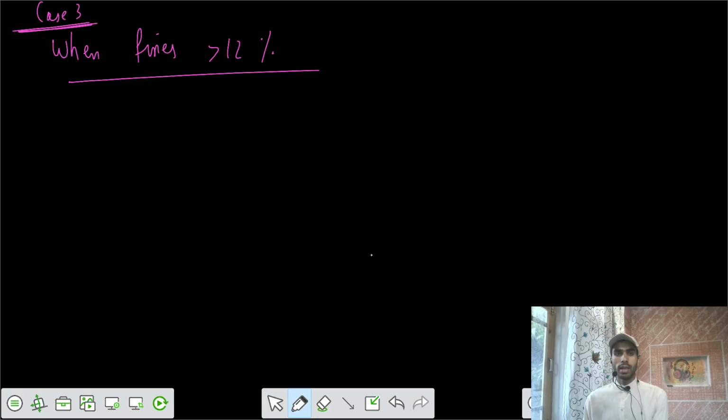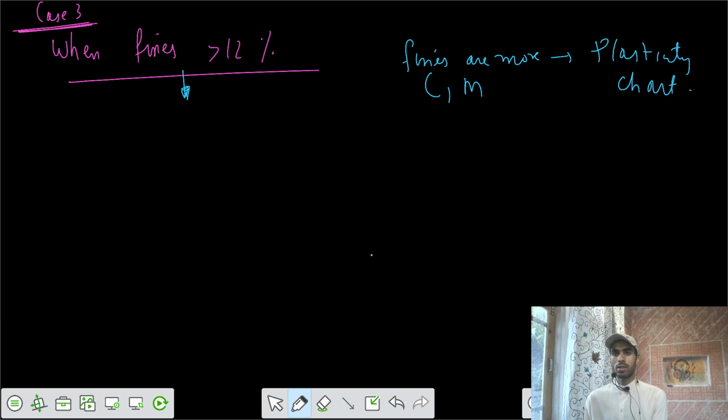Here we are also going to use the plasticity chart, because your fines are more, so we can't ignore them. So we have to use the plasticity chart to determine whether your fines are clay or silt. So for that, let's use the concept of the plasticity chart.